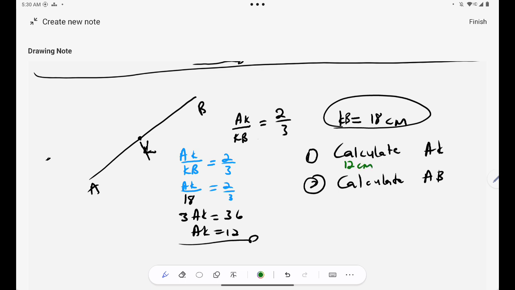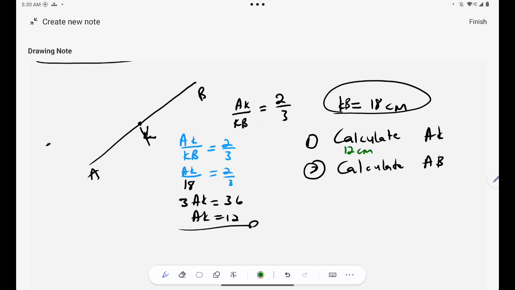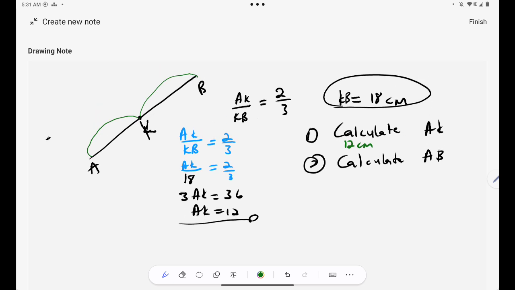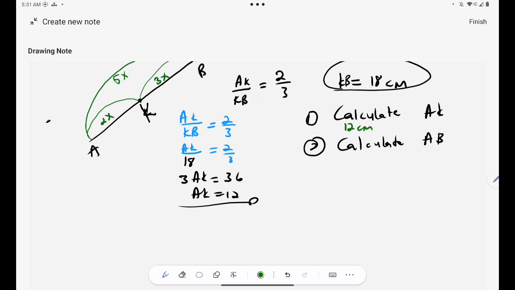Then AB, there are 2 ways of finding AB, guys. I can just add this length and this one, or I can use the ratios. Okay, let me rather use the ratios, because we will need ratios a lot here. Please remember that I was given 2x and 3x here, so I can conclude that the entire length is 5 times x. Are we together?